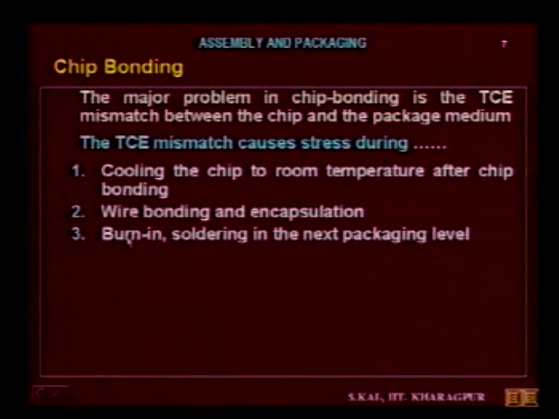The third cause of stress is burn-in soldering in the next packaging level. That means when you fix the packaged chip on a board or card, many chips are soldered at that level, and there you are heating the leads of the chip, and a high temperature will be attained by the total package, and gradually it will come down to room temperature.